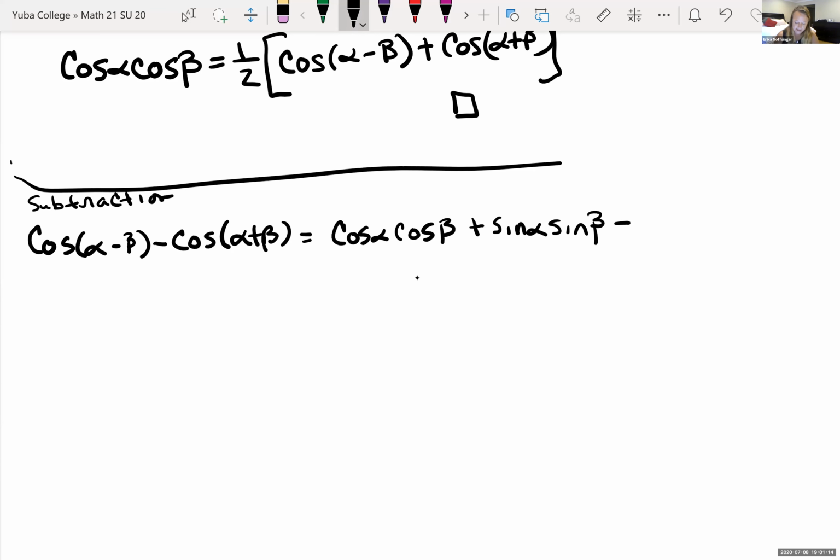But it's minus the whole quantity of cosine of alpha plus beta. And cosine of alpha plus beta, cosine again is cosine, cosine, so cosine alpha, cosine beta, and then it's opposite sign, so minus sine alpha, sine beta.